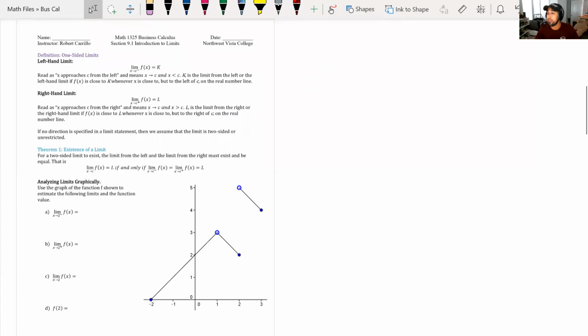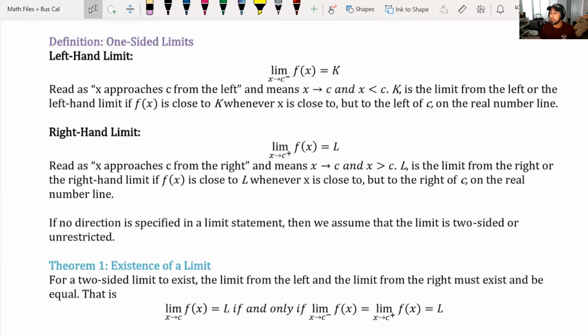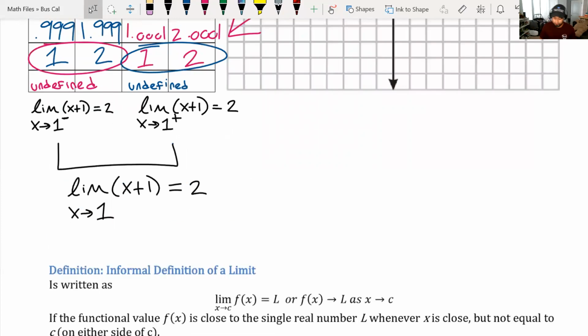Look at that, the definition of a left-hand limit. So if I zoom in, look at that notation. It says the limit as x approaches some number c from the left side of f of x will equal some number k. That is exactly what we did there in the first limit.